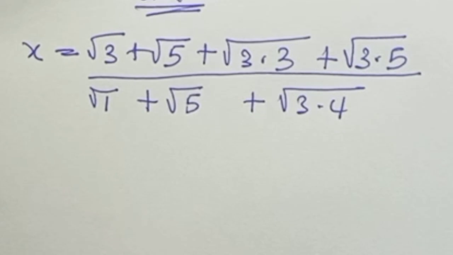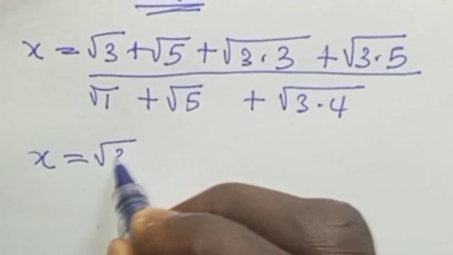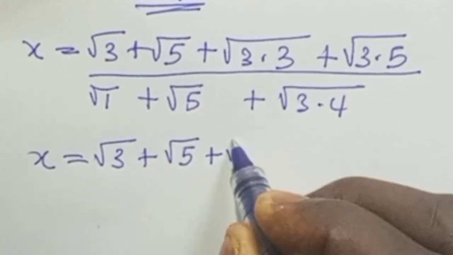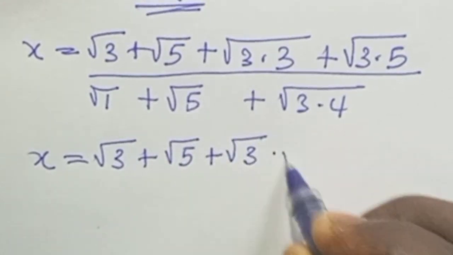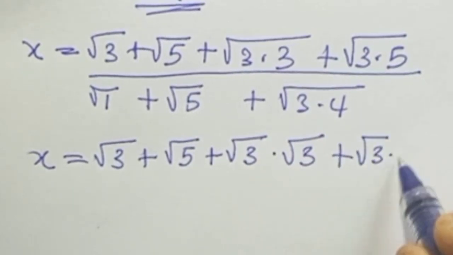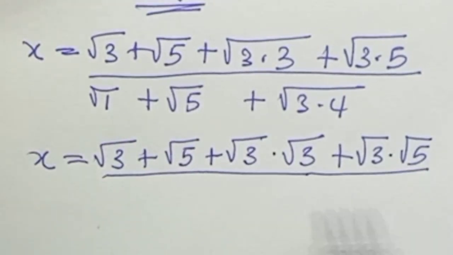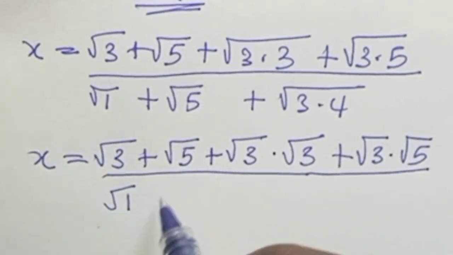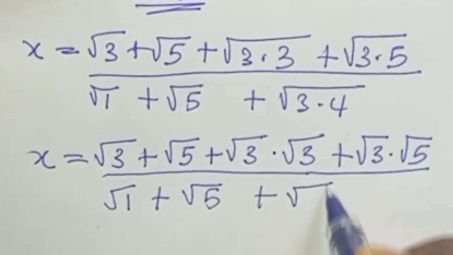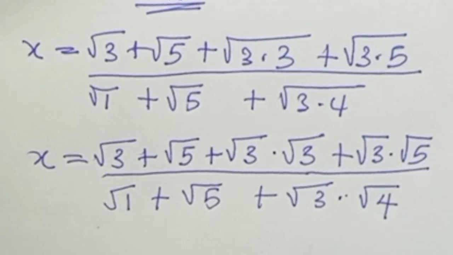So we'll further simplify this as s is equal to square root of 3 plus square root of 5 plus square root of 3 times square root of 3 plus square root of 3 times square root of 5, all over square root of 1 plus square root of 5 plus square root of 3 times the square root of 4.